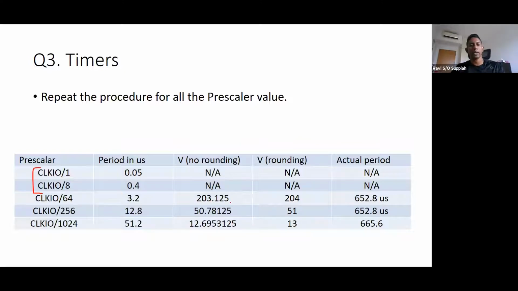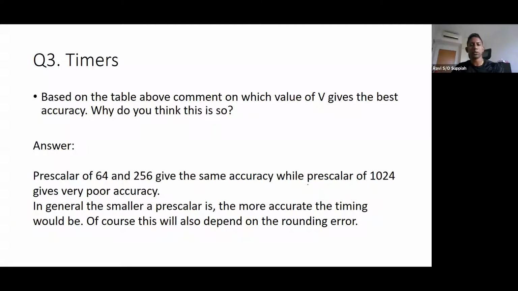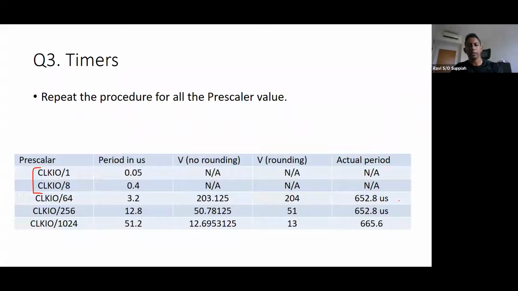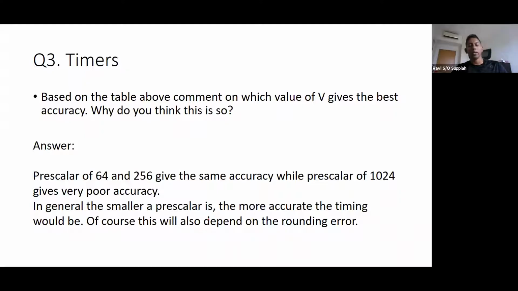That is where you have the other three possible prescale values: 64, 256, and 1024. Based on the table, which value gives us the best accuracy? We can see that both 64 and 256 give us the best accuracy, whereas 1024 gives us a lot more error. This is quite intuitive, right? The smaller the prescale value, the shorter the timing interval at which I'm able to increment.